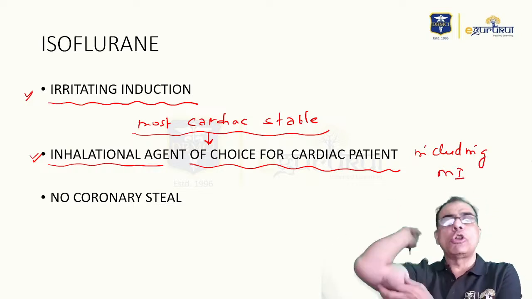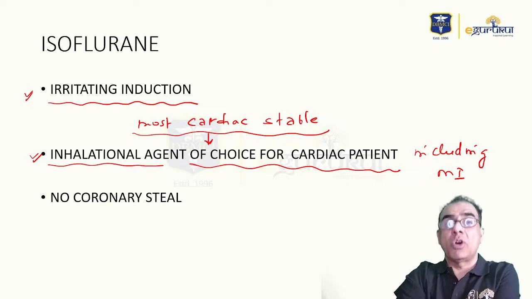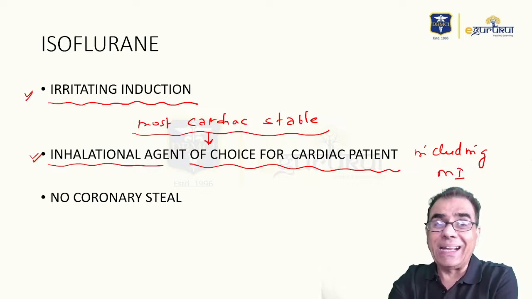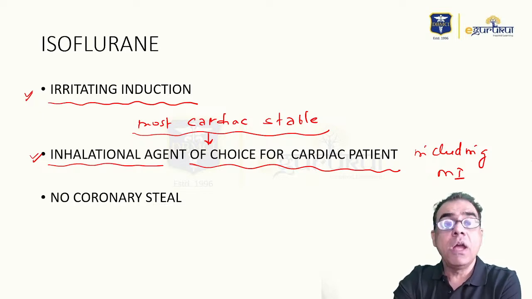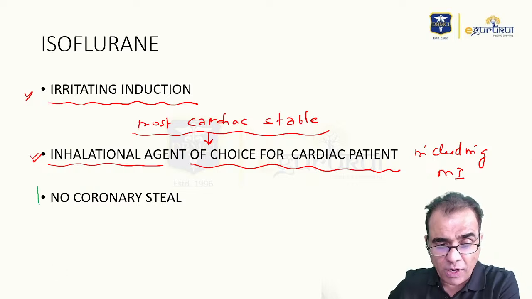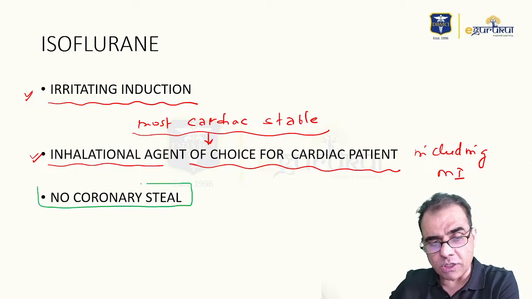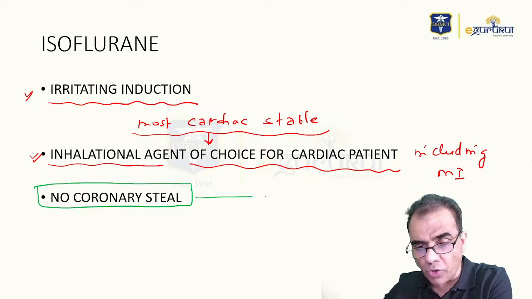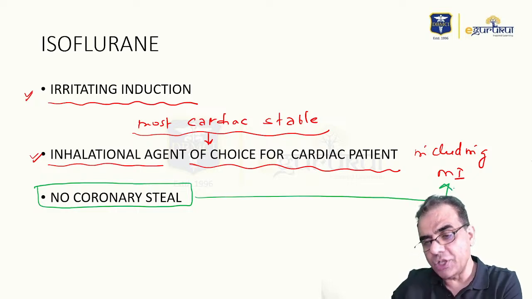Previously, we were not using it for MI patients because we believed that isoflurane causes coronary steal in MI patients. But now it is proven that isoflurane does not cause coronary steal, so it can be used even for myocardial ischemia patients.